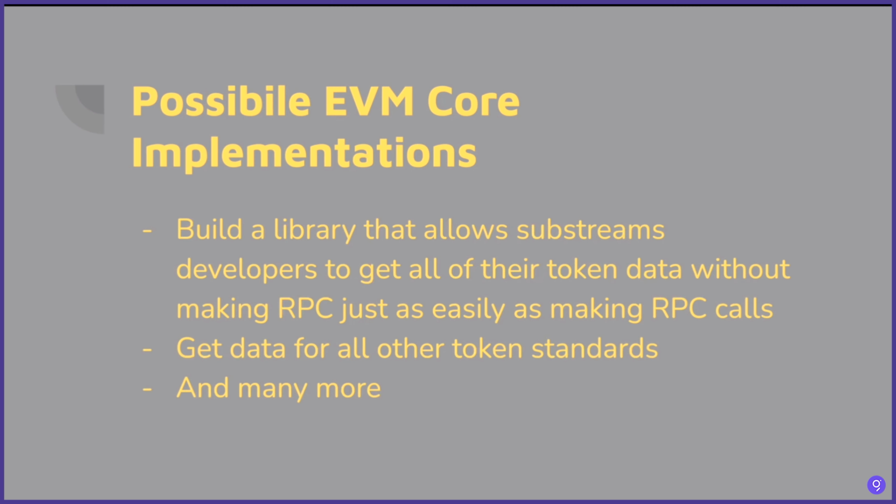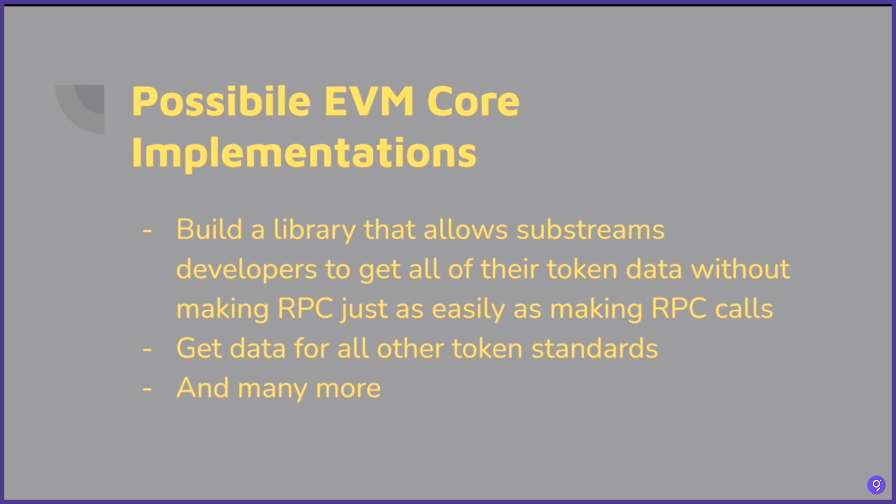But ever since then, I always thought it would be cool to have a library that allows substreams developers to get all of their token data without making RPC calls, but to make it just as easy for developers to use as implementing RPC calls, and just make it super seamless for anyone to get their data in a much more efficient and fast way.